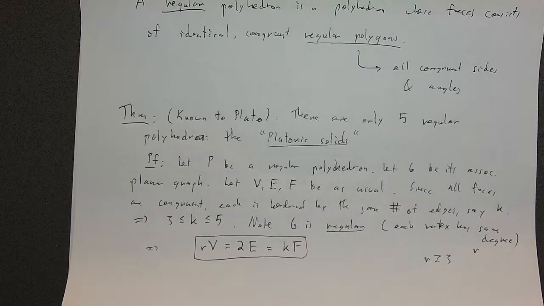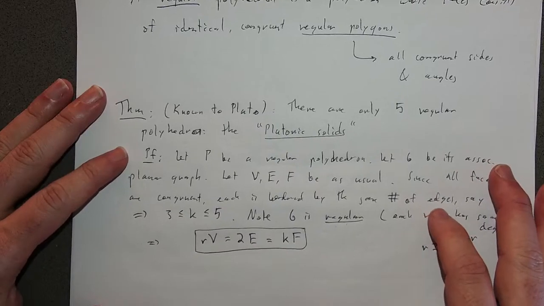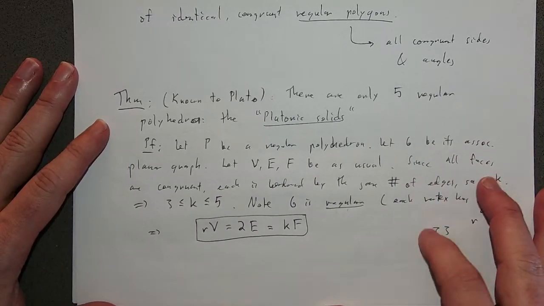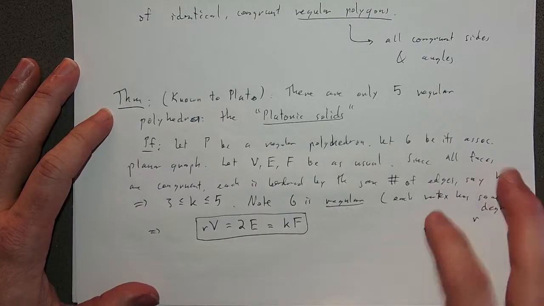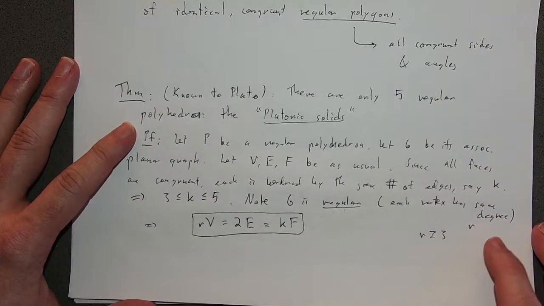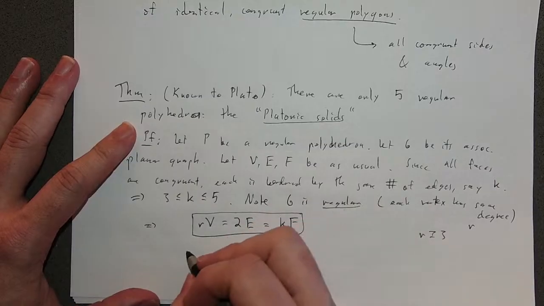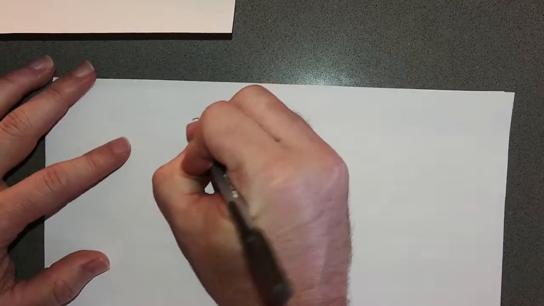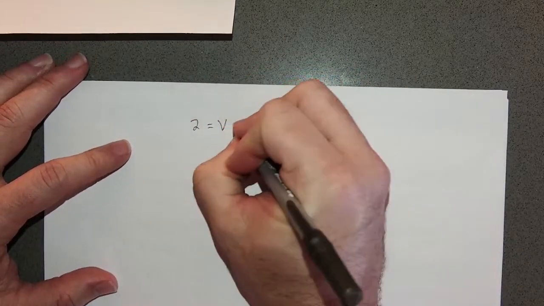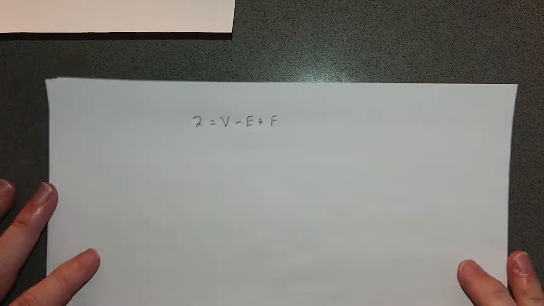Well, let's think for a second. What do I know? Well, I know that 2 is equal to the number of vertices minus the number of edges plus the number of faces.